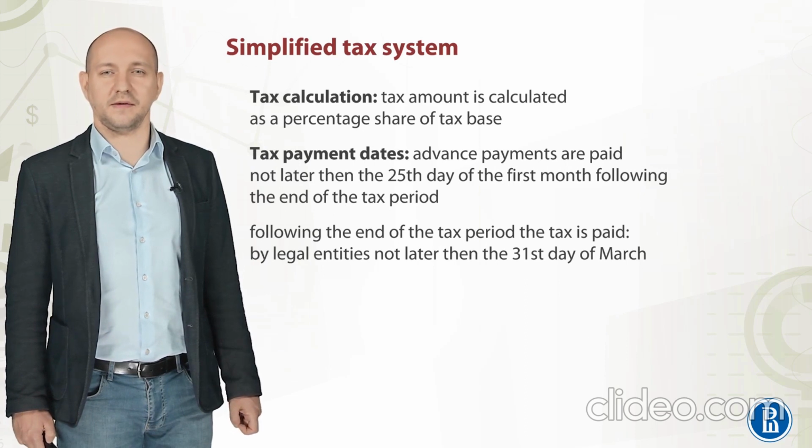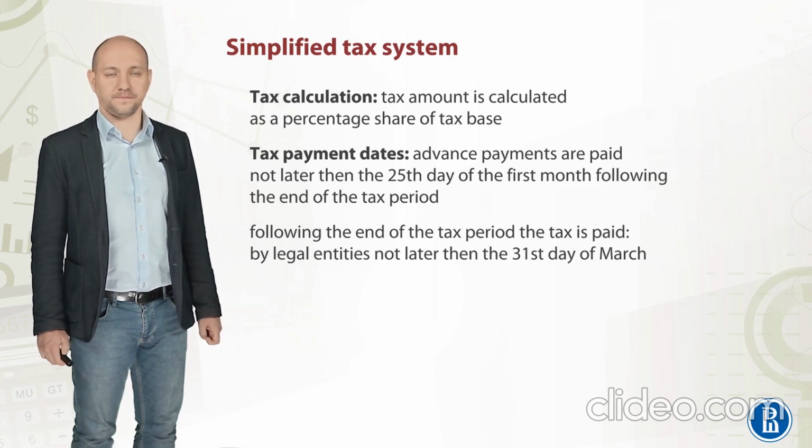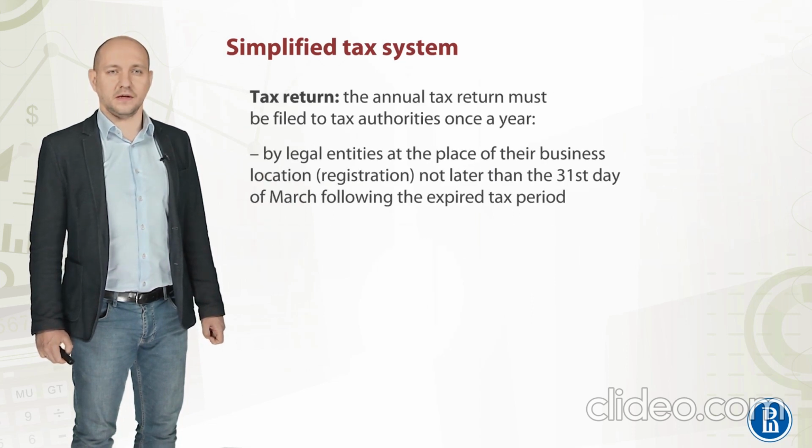You need to multiply the percentage of the tax by the tax base, and this way you get the final tax that you need to pay. Also, the annual tax return must be filed to tax authorities once a year. By legal entities, it should be done not later than the 31st of March, following the expired tax period.